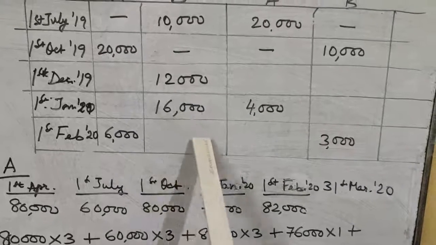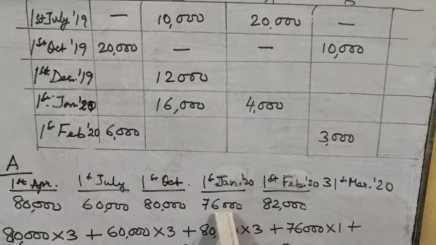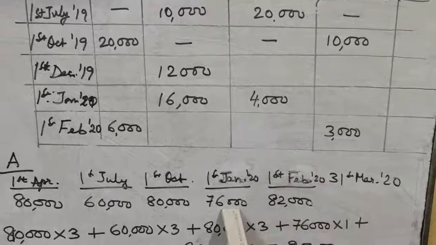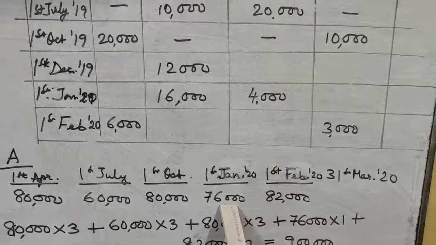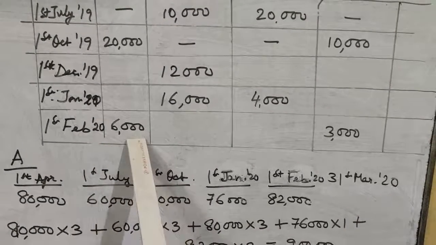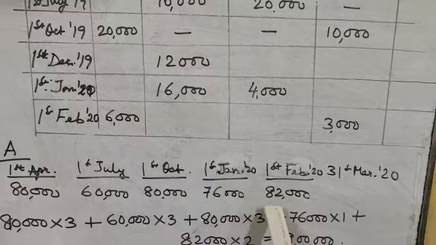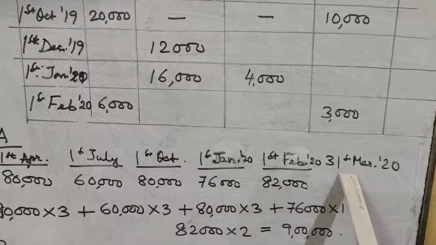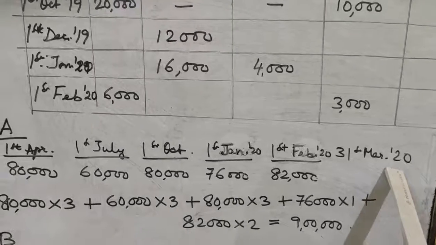On 1st January he takes out 4,000 rupees, so his capital becomes 76,000. And on 1st February he puts in additional 6,000, so his capital becomes 82,000. The accounting year is ending on 31st March 2020.